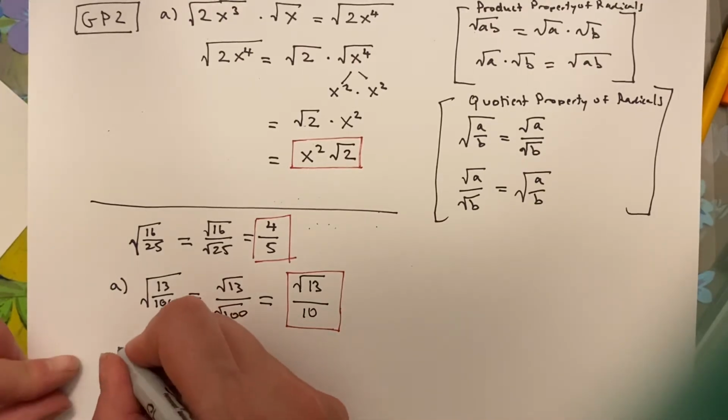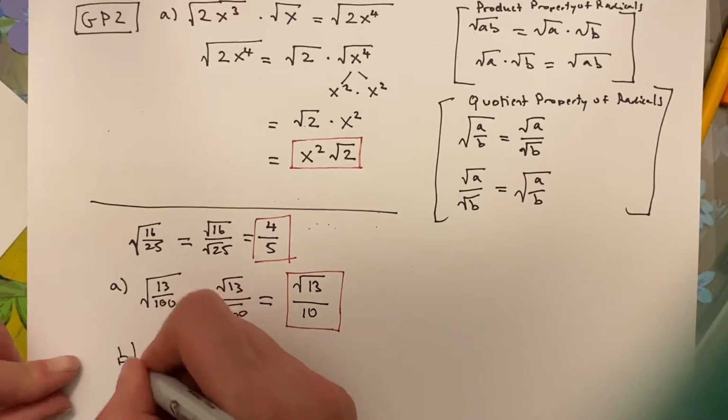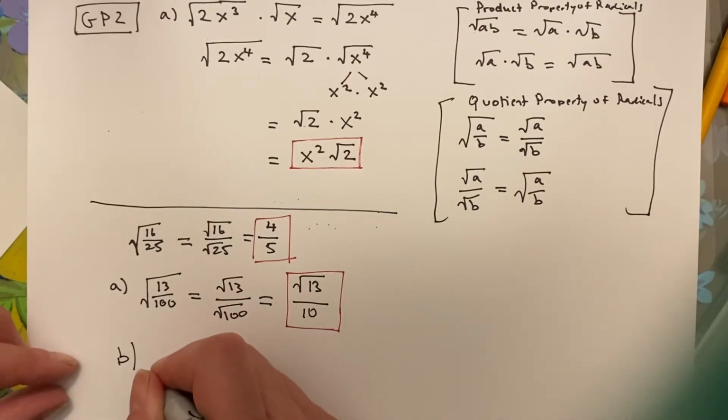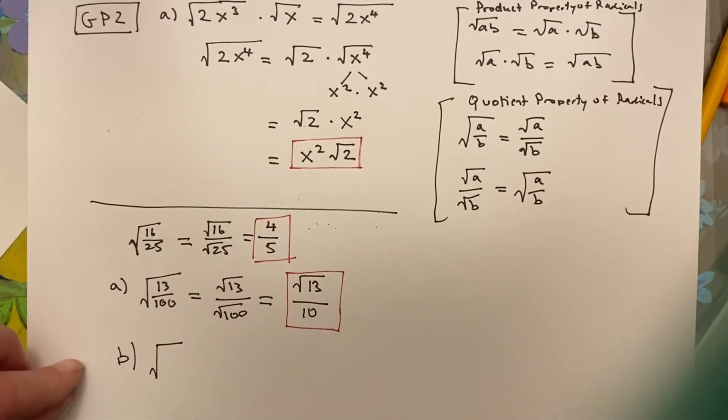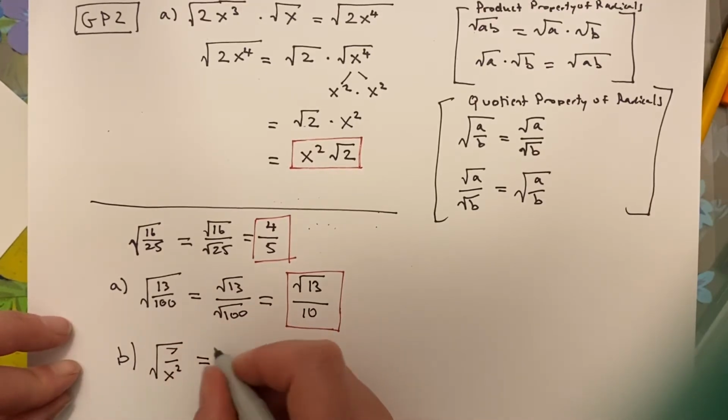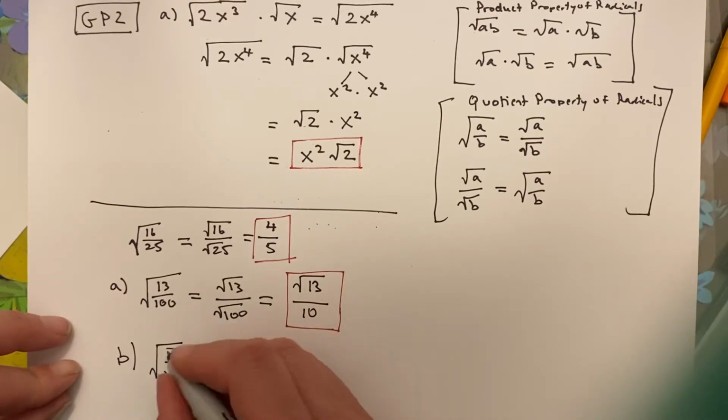Let's look at part B. You'll notice part A always has numbers, and in part B they throw in a variable, and that's what's going to happen here. So the square root of 7 over x squared. Just as I did above, I'm going to separate each of these.